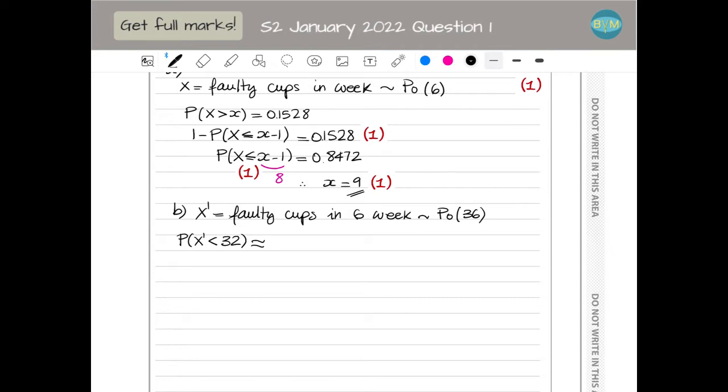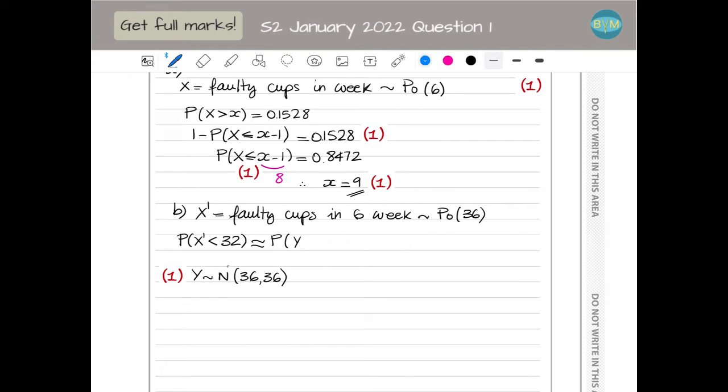So I'm going to approximate that with a normal, and my normal, I'm going to call it Y. Remember the approximation, when I'm approximating a Poisson by a normal distribution, my mean is the parameter and my variance is the parameter as well. So my normal is 36, 36. This is already 1 mark, just for using the right approximation. They tell you that it must be a normal, but you need to remember well the parameters. So this is my Y here.